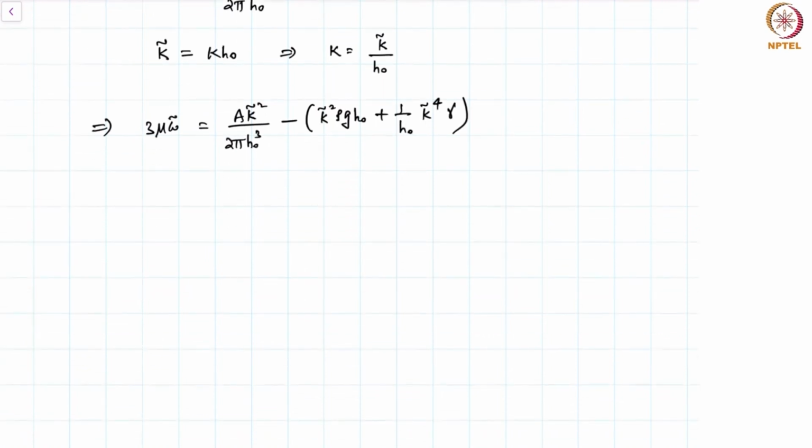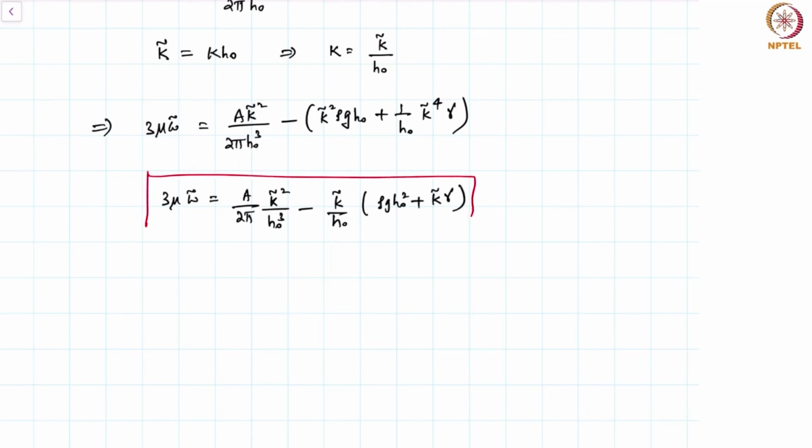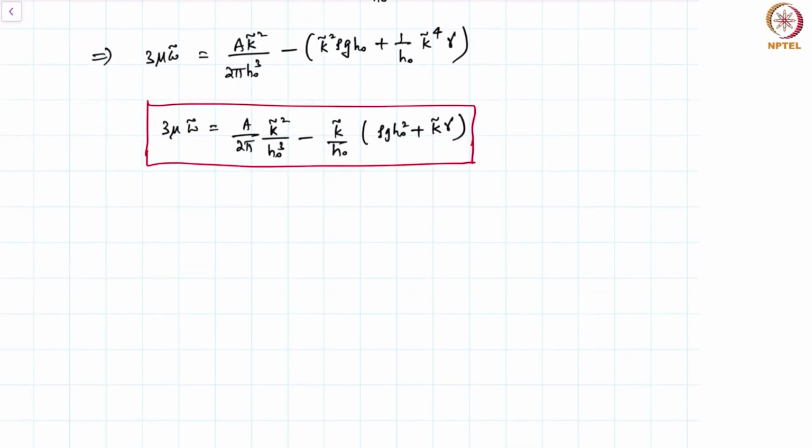And the dimensional growth rate becomes 3 mu omega tilde equals A by 2 pi k tilde square by h0 cube minus k tilde square by h0 times rho g h0 square plus gamma. So this is the full dispersion relation in the dimensional form.